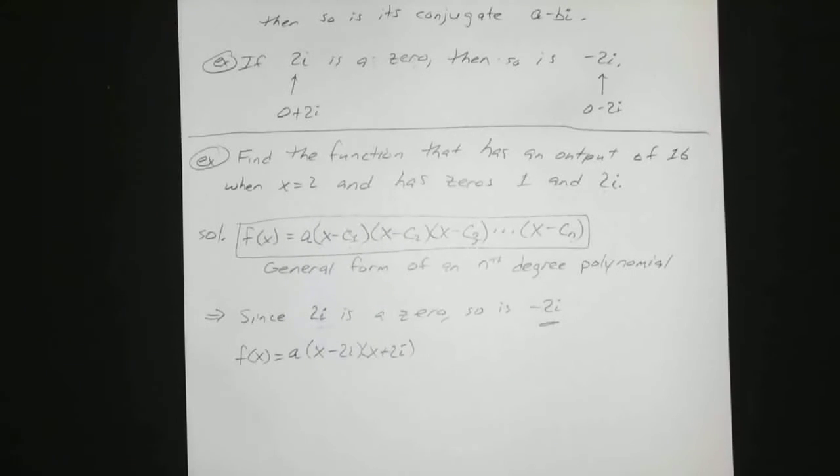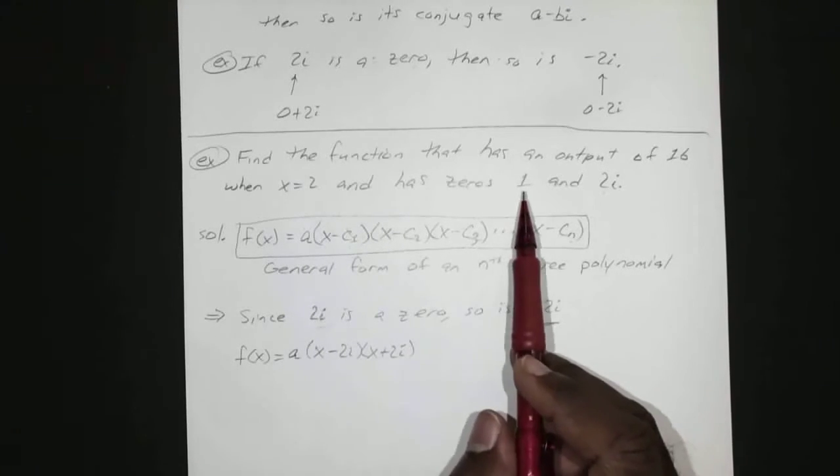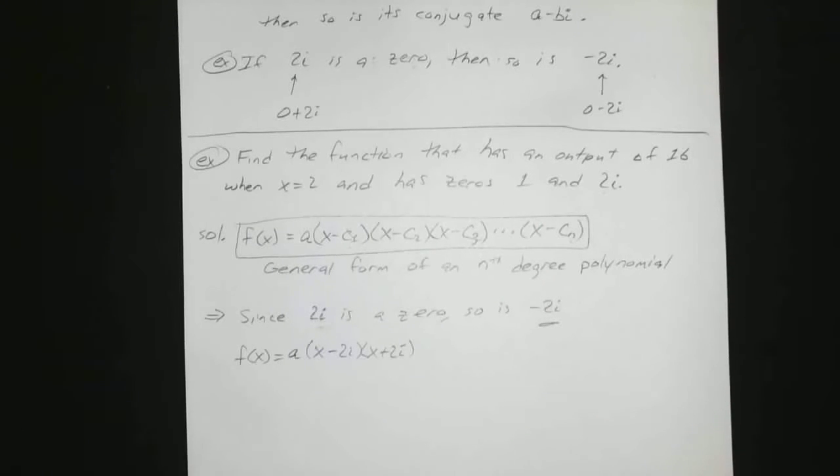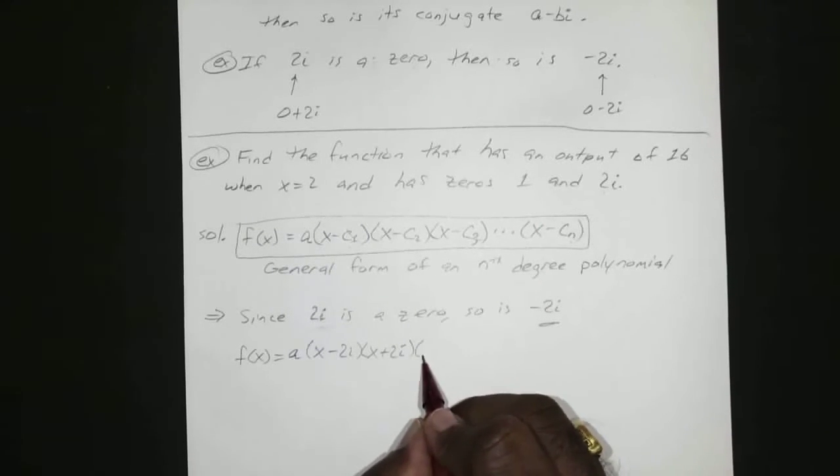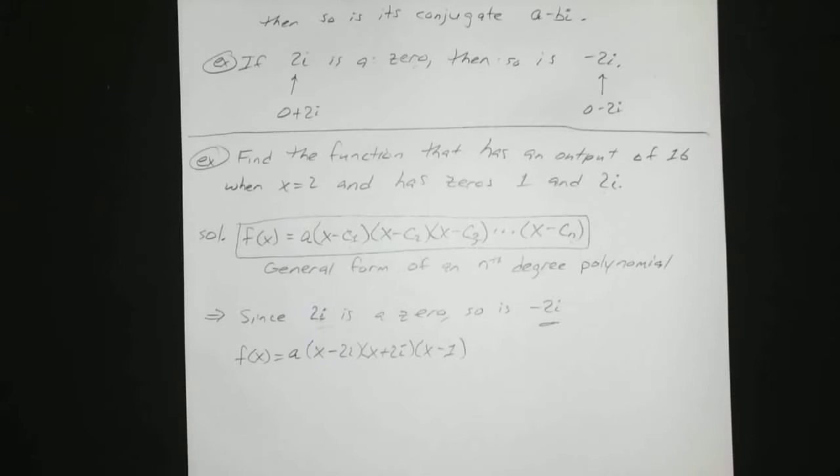Okay, so we know those are zeros. And we also know that x equals 1 is a 0. So x minus 1. Okay, so they gave us all the zeros. So we know this is going to be a third degree polynomial, with a lead exponent of 3.